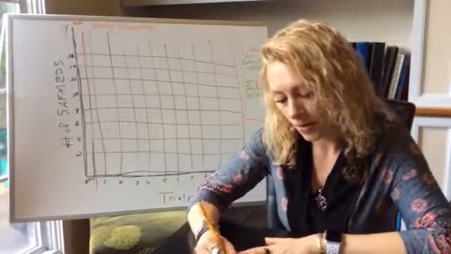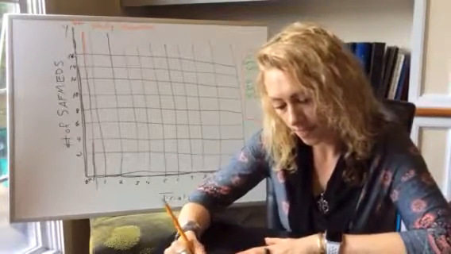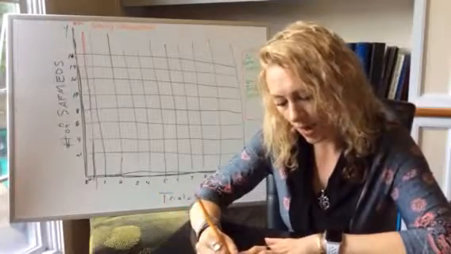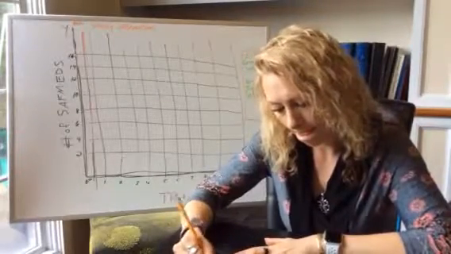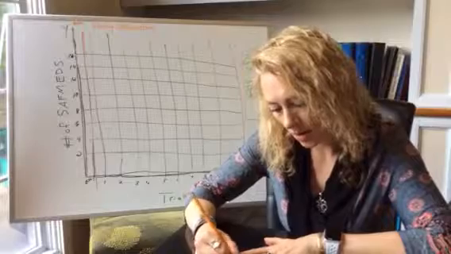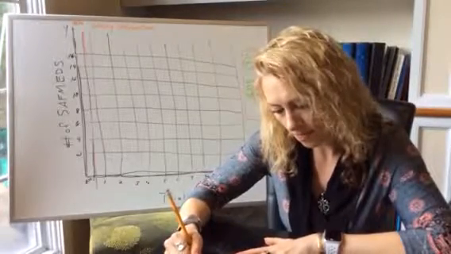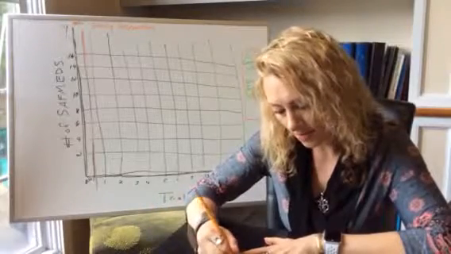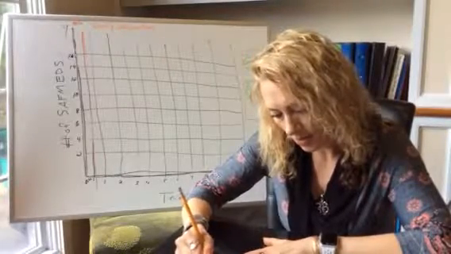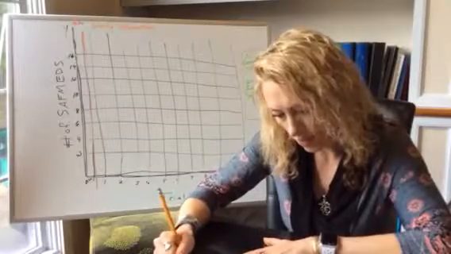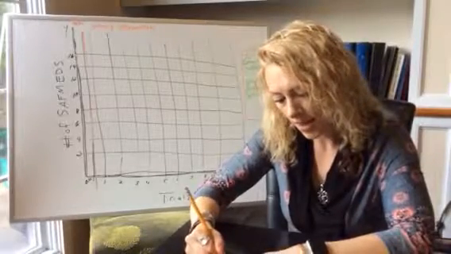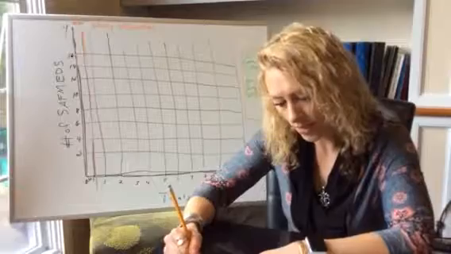Our definition: visually analyzing a graph to attain if the behavior is increasing, decreasing, or stable, and at what rate.